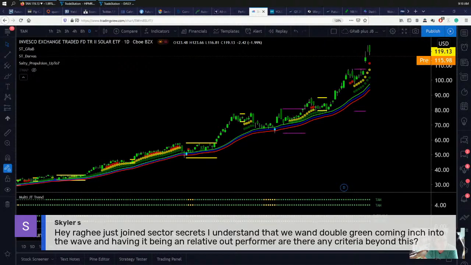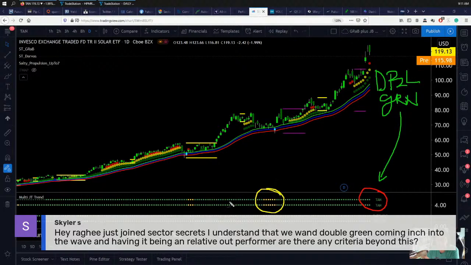I understand that we want double green coming into the wave. Yes, there's going to be times when I'm open to a yellow. There's going to be times where when we look at our structure, now TAN is a fantastic double green, right? TAN is a fantastic double green.